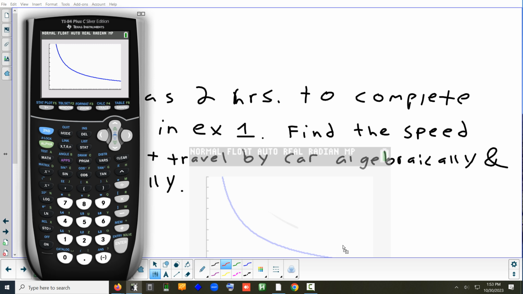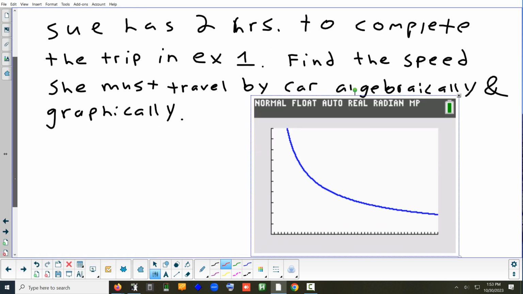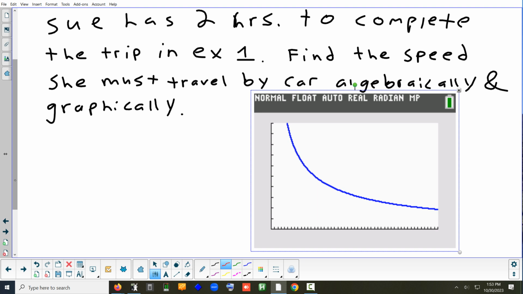So there's the part of the graph we're going to focus on. And this part, we're just going to do graphically. I'm not going to do it algebraically because we're going to do a lot algebraically later. So let's just do graphic. I have to find how fast she would be going if it took 2 hours. So how do you think I can use the graph to do that?